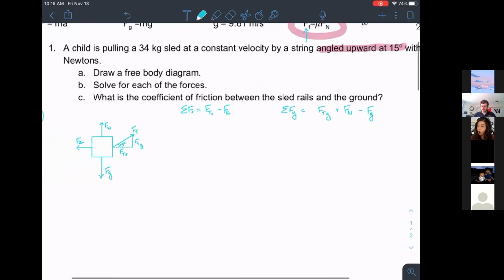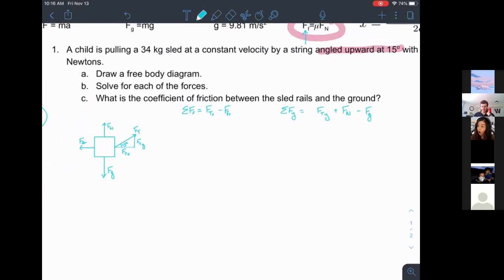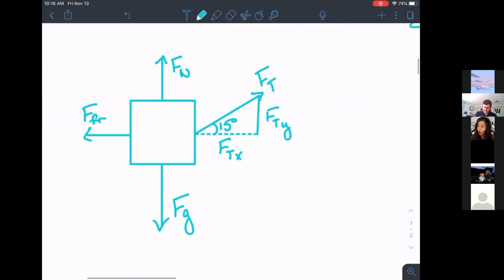All right. So now let's read through that problem and we're going to pull out a couple more pieces of information. It says that a child is pulling a 34 kilogram sled. So I'm actually going to label this object as 34 kilograms just so I can remember it for later.